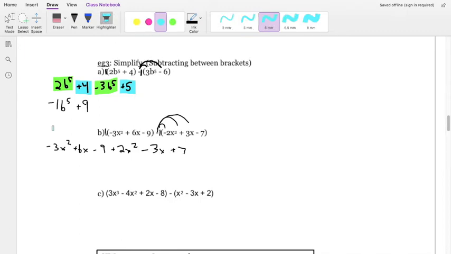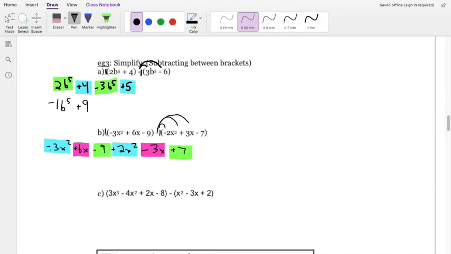Then, let's look at our combined here. Boom, boom. A little pink for this one. Make sure you catch those signs in front. It's very important. Go green last one. So then, negative 3x squared plus 2x. If negative 3 plus 2x doesn't make any sense, turn it around and think of it as 2 minus 3.